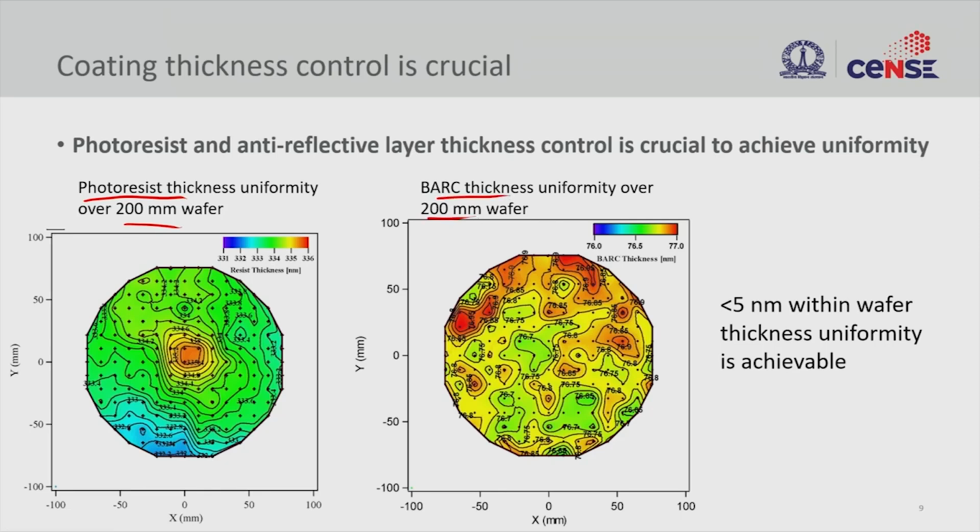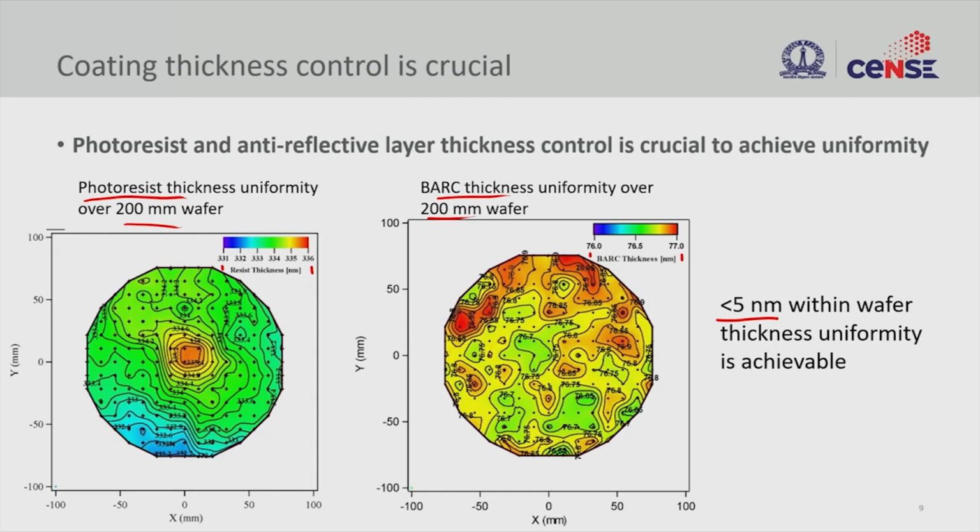But if you look at the range, here the range is about 5 nanometer, and in this case the range is about 1 nanometer. So the thickness variation over a 200 millimeter wafer can be less than 5 nanometer. This is achievable with current technology.